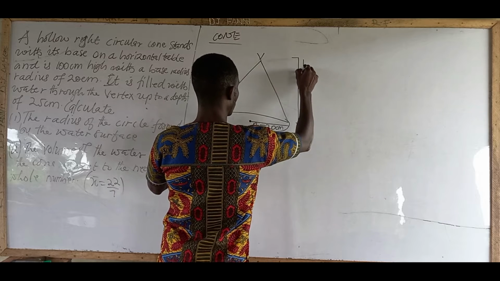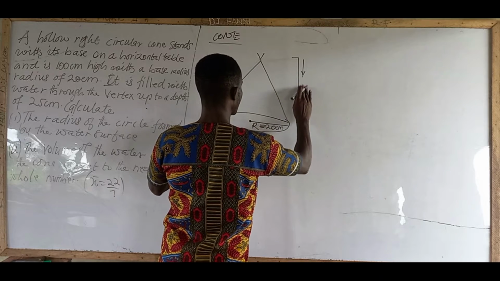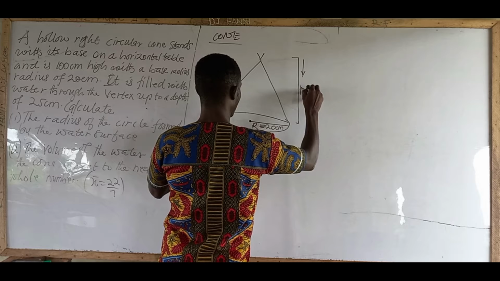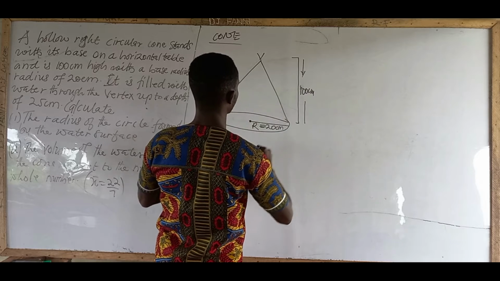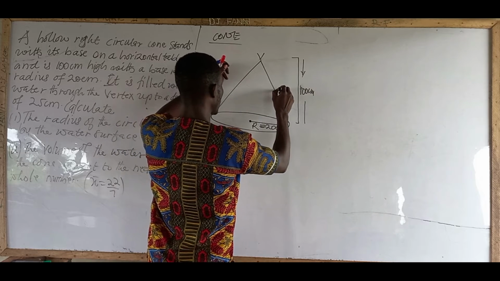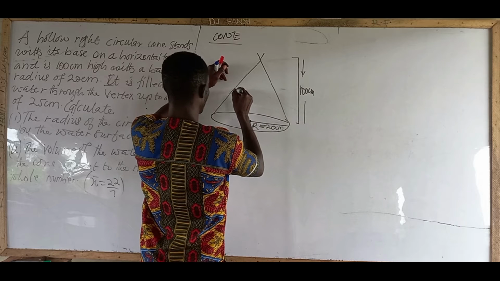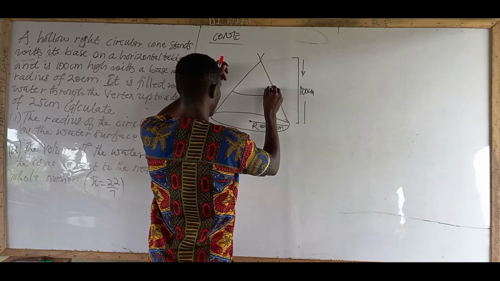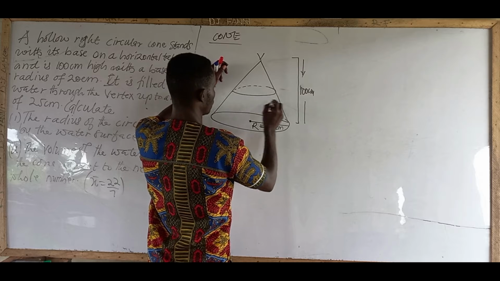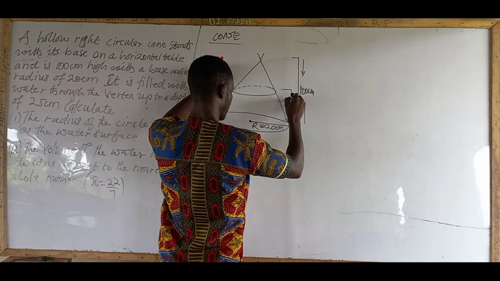The whole of this is 25. The whole height is 100 centimeters, and it is filled up to a level which is 25 centimeters. So it is filled up to this level.